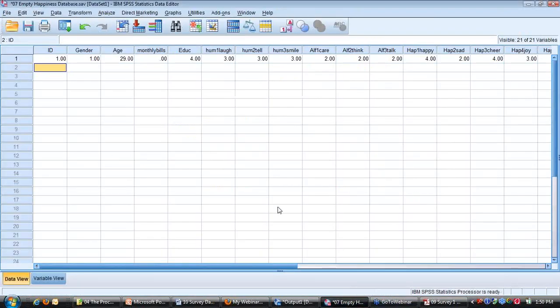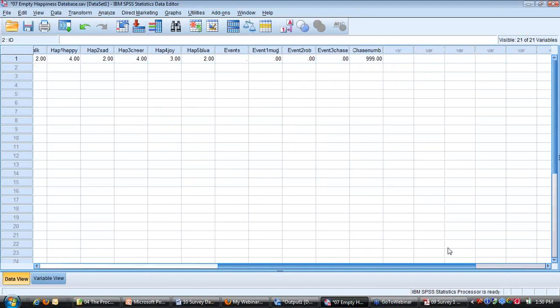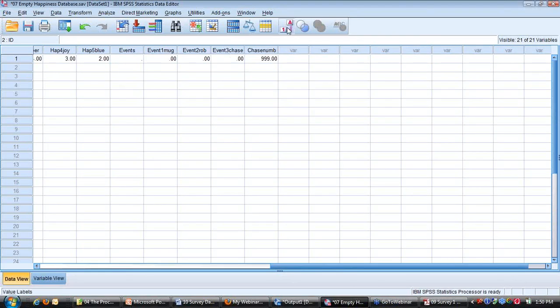right, here, so all the people that say no, have you ever been chased? No, and that have 999, you have to throw that data out, or that have a number instead of 999, you have to throw that data out.